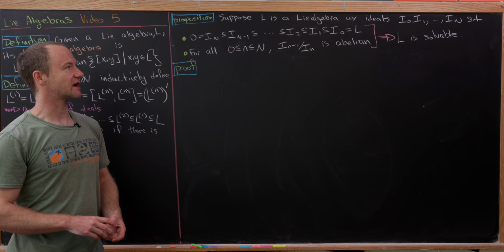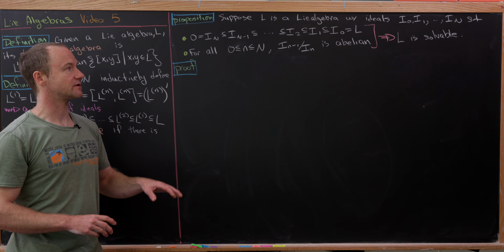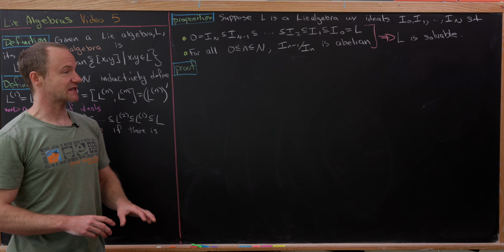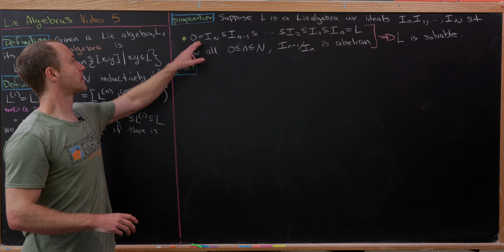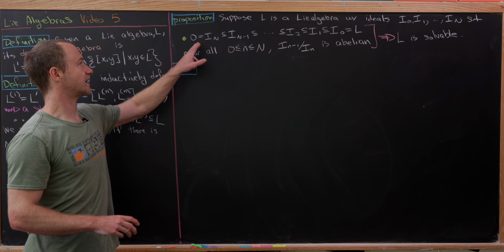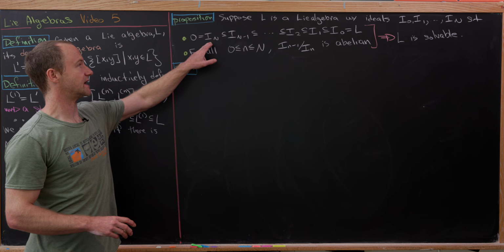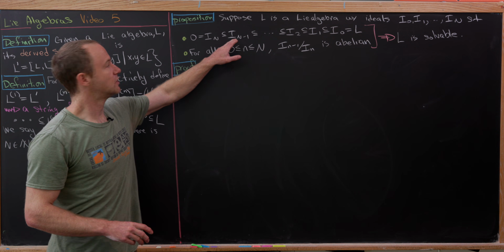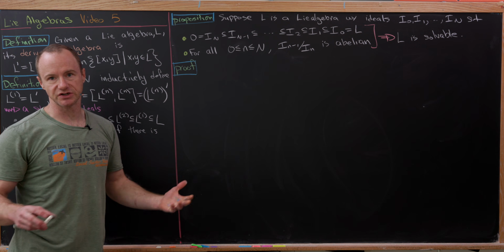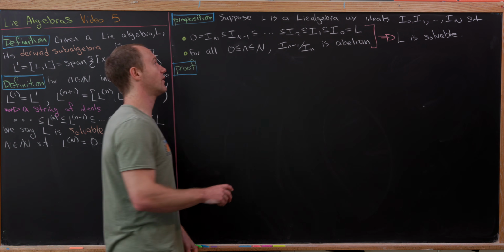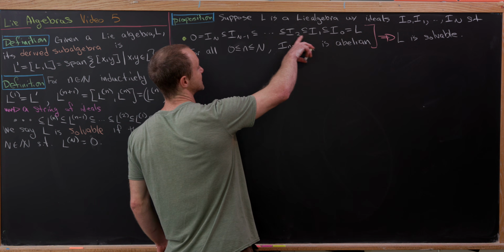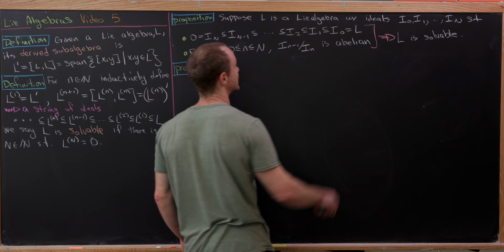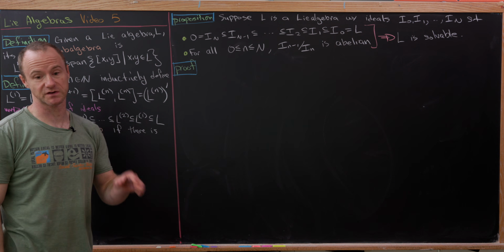So let's suppose we've got a Lie algebra L with ideals I_0, I_1 up to I_N, satisfying two conditions. We've got this string, so 0 is equal to I_N, which is a sub-ideal of I_{N-1}, which is a sub-ideal of I_{N-2}, all the way up to I_2 is a sub-ideal of I_1, which is an ideal of I_0, which is equal to L. That's our first condition.